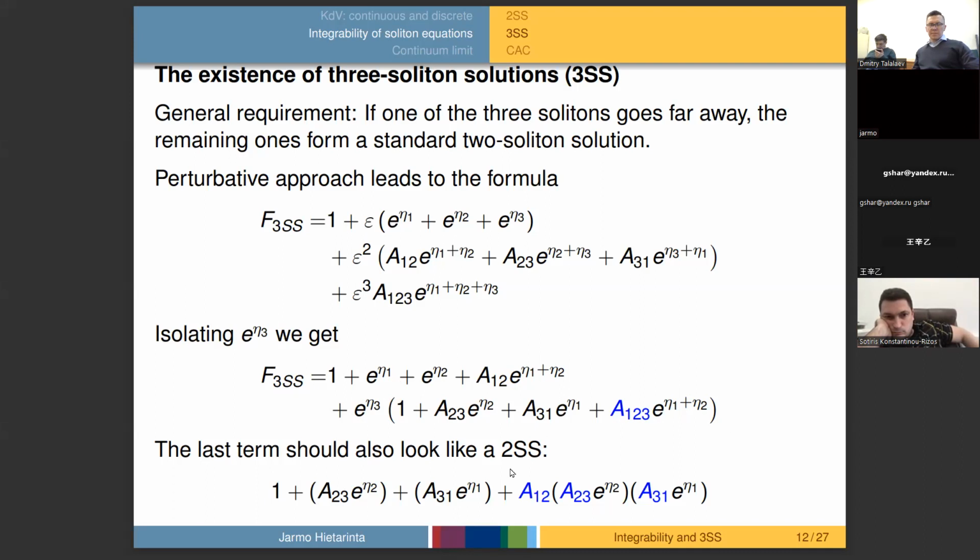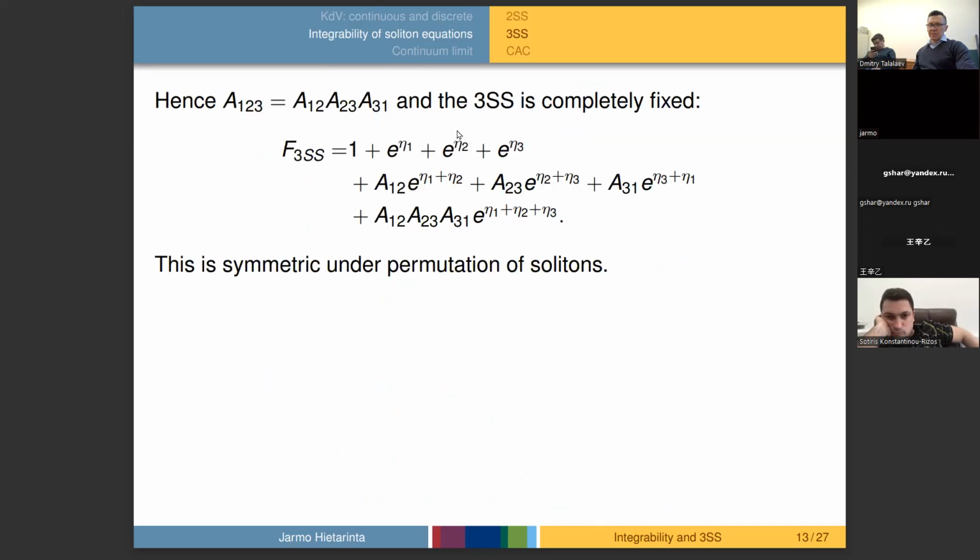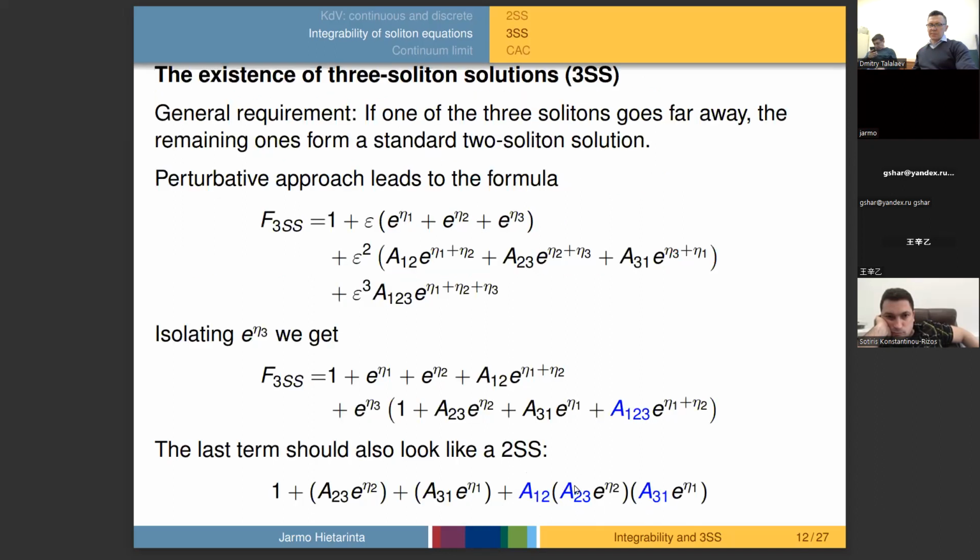The beginning is clear, but then the remaining part should be what is usually the two-soliton solution part. There's a two-soliton coefficient and then the two exponential plane wave factors. This is just from this principle that if one soliton goes away, the other should look like a regular two-soliton solution. So we must conclude from this combination, the blue one here must be the same as this one.